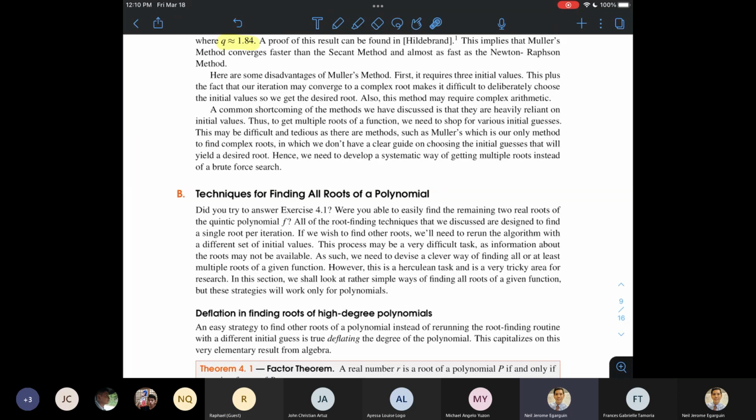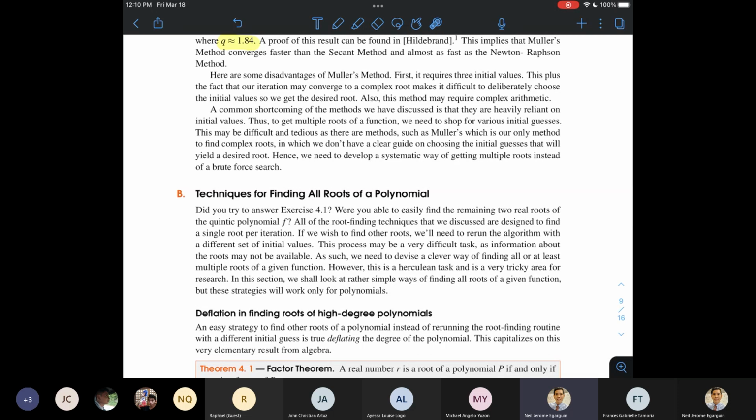Kasi nga, kung hindi naman tayo interested sa complex roots, then we can do Newton or we can do secant method. Alright? So, kailangan piliin natin ng maayos yung initial values. Kailangan it should be cooked up in a manner na doon talaga siya magko-converge sa complex root. And it would be difficult kasi nga wala tayong way para malaman yung neighborhood kung nasan yung complex root.